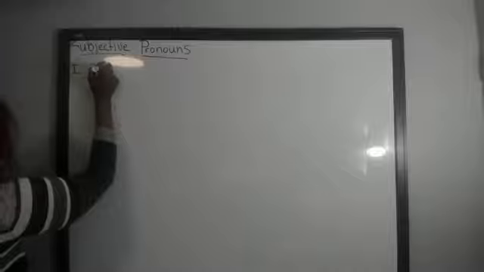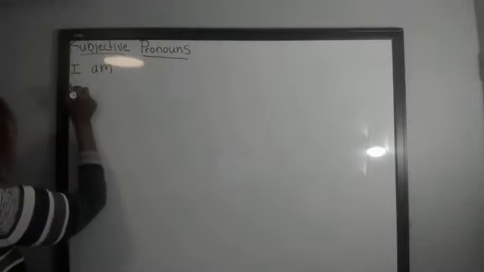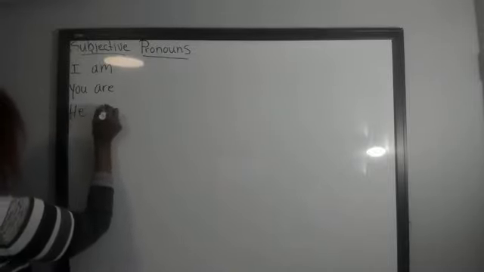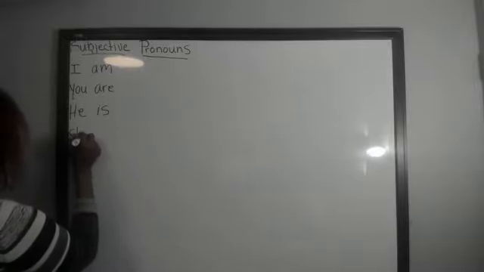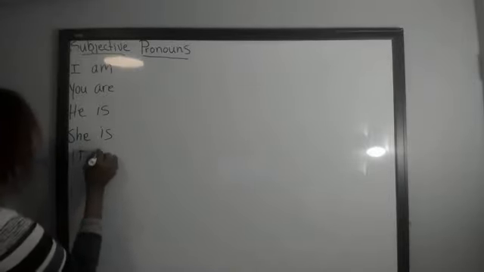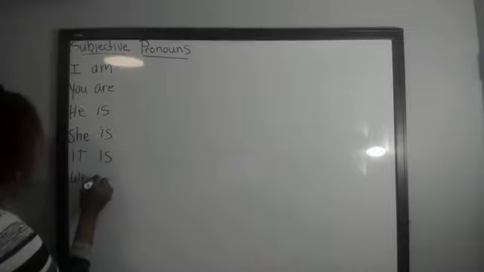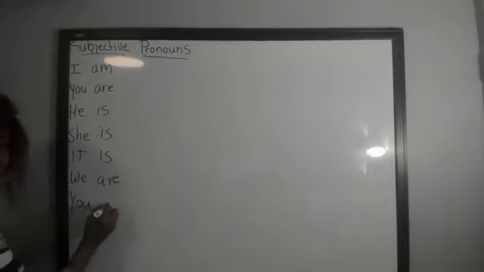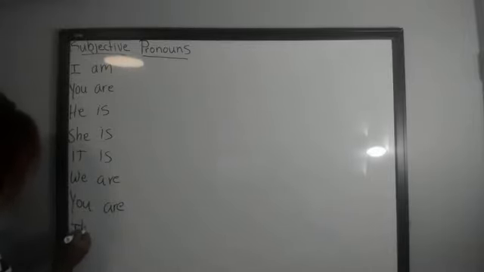So now, if I'm going to do subjective pronouns with be verbs, I'm going to start with: I am, you are, he is, she is, it is, we are, you are, and they are.